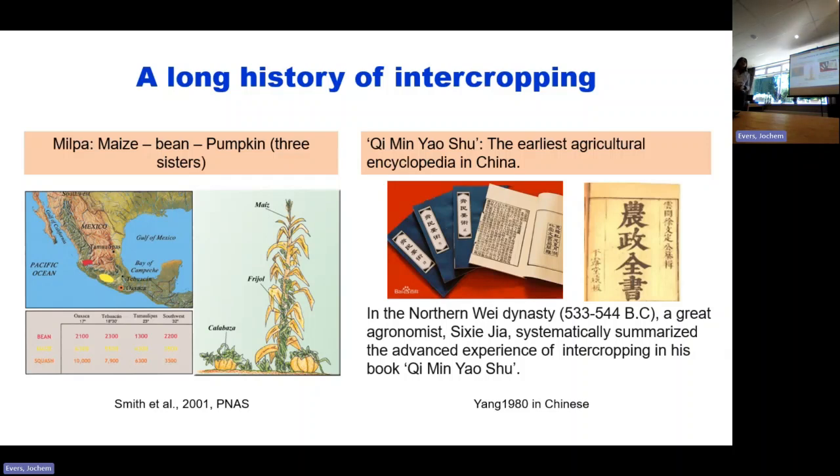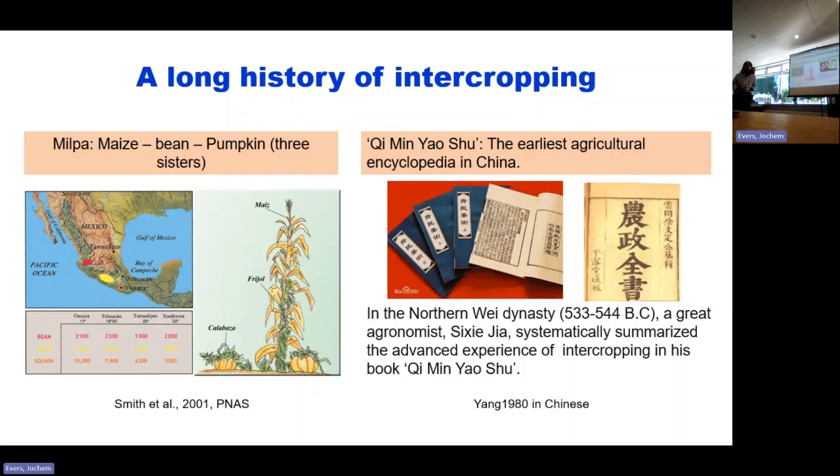The earliest documentation is in very old books like 齐民要术 and 农政全书. 齐民要术 is the earliest agricultural encyclopedia in China.